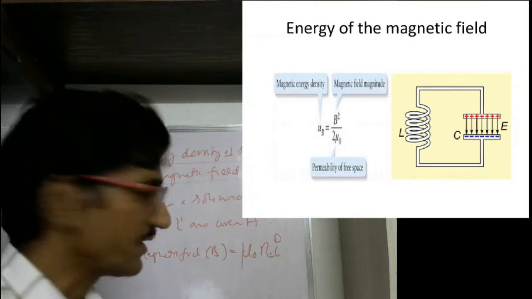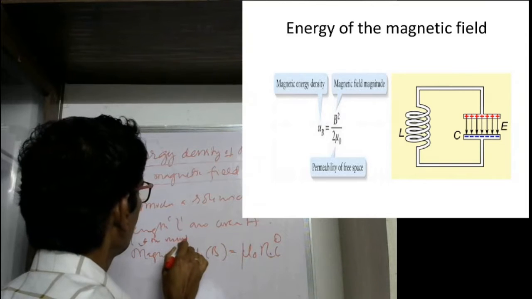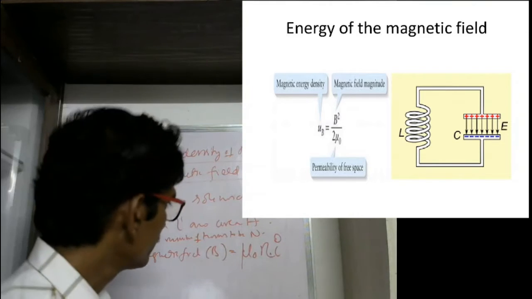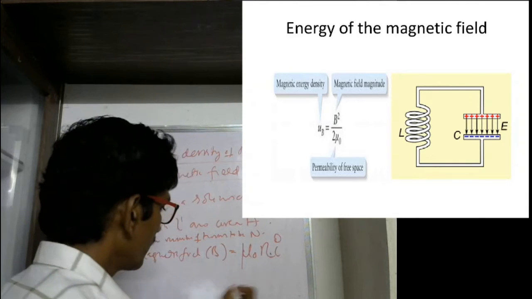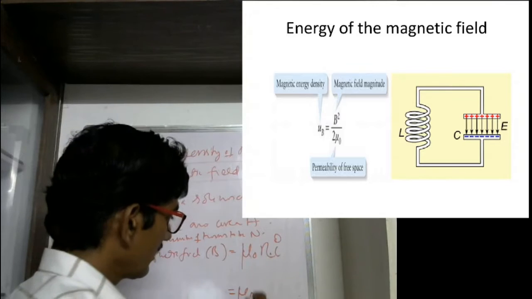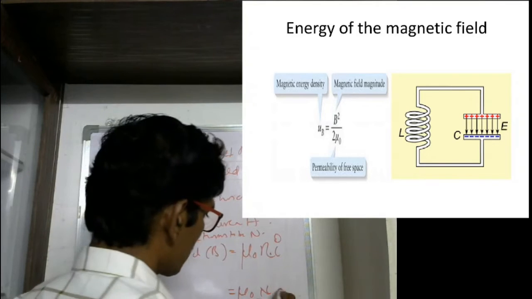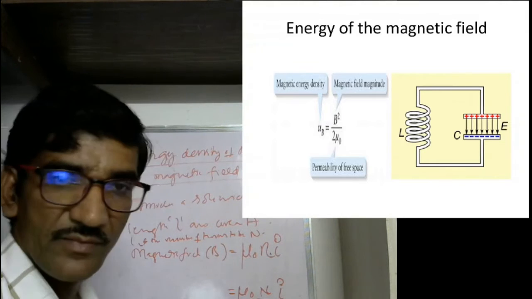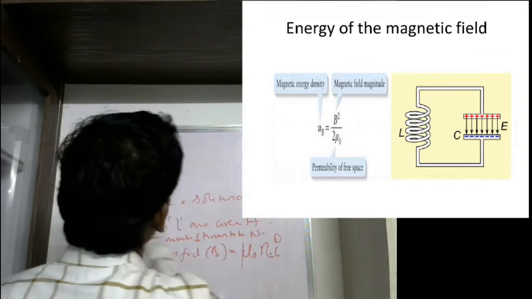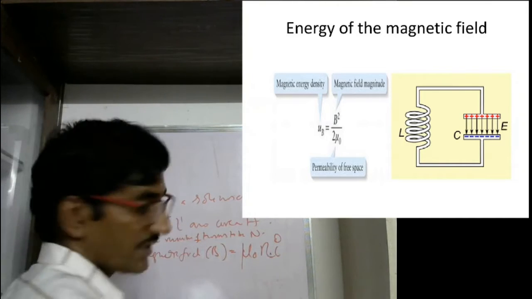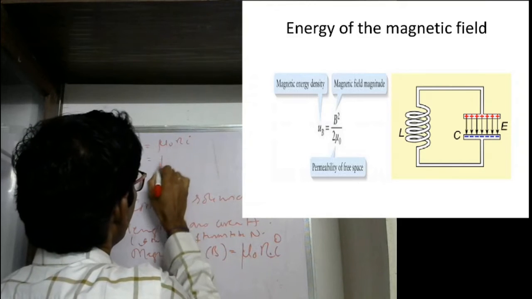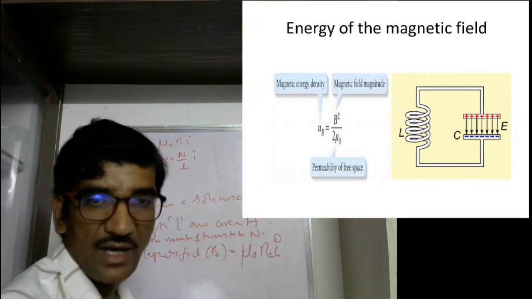Let the number of turns be N. You may also write this as mu naught n i, where n is equal to N by L. So what is the induced magnetic field inside the solenoid? B is mu naught n i, which is mu naught N by L times I.